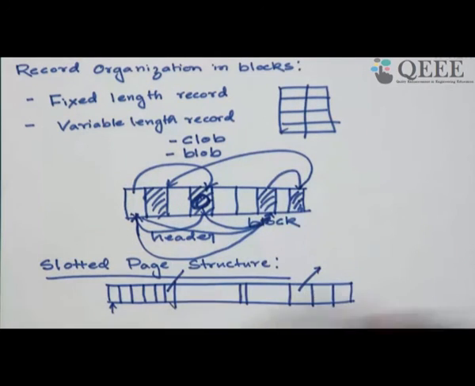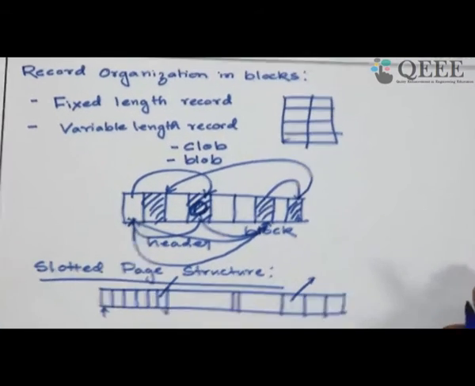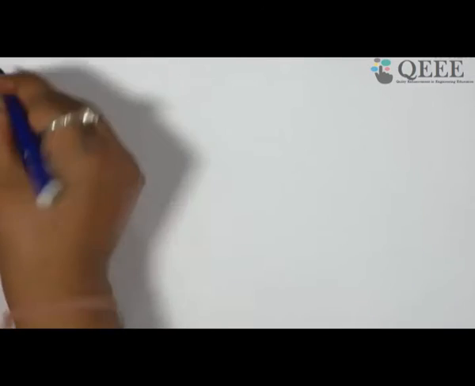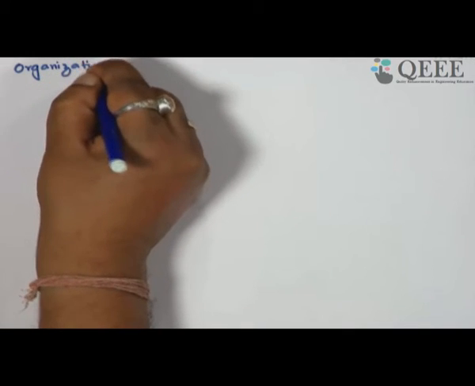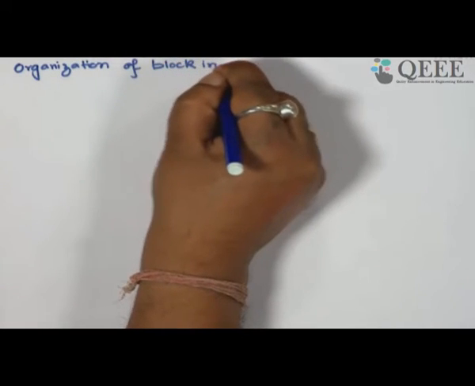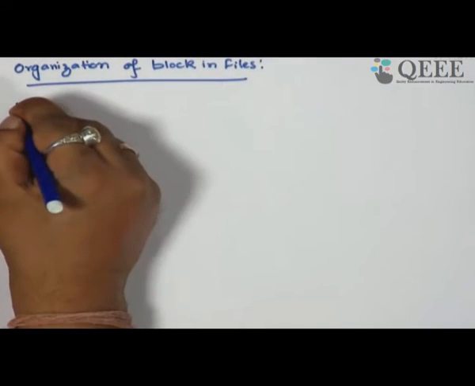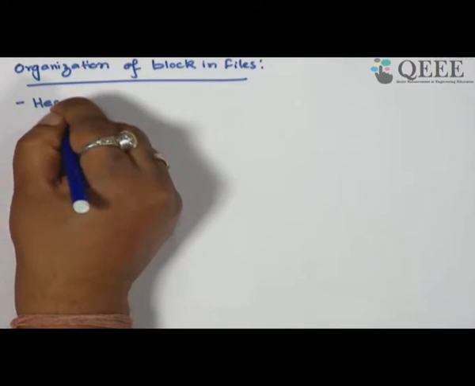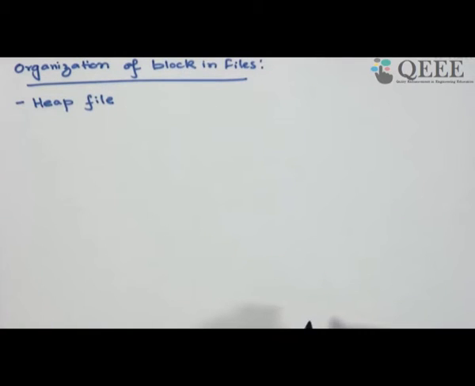This is the organization of records in blocks. Now I move to the next part, which is the heap file, where the blocks are not sorted in any order.